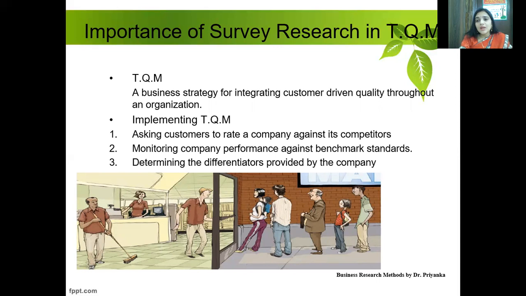So as per your industry needs, you can check it, and that is also done through total quality management. Then determining the differentiators provided by the company. If your company is providing something different in a product, or maybe in its product policy, then you have to check whether it is actually making a difference or not, and that is also done through either a survey or the total quality management approach.